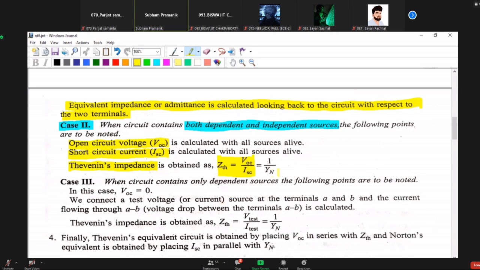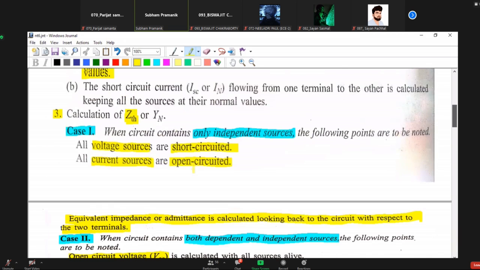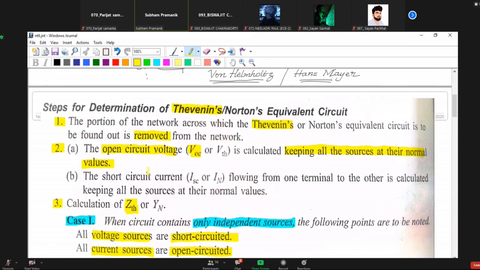Similar things will happen if you are interested in Norton's theorem. This is written in terms of admittance. Anyway, that impedance will come in parallel only. I didn't mention this earlier: in the case of Norton's equivalent circuit, we find the short circuit current, IS or IN.